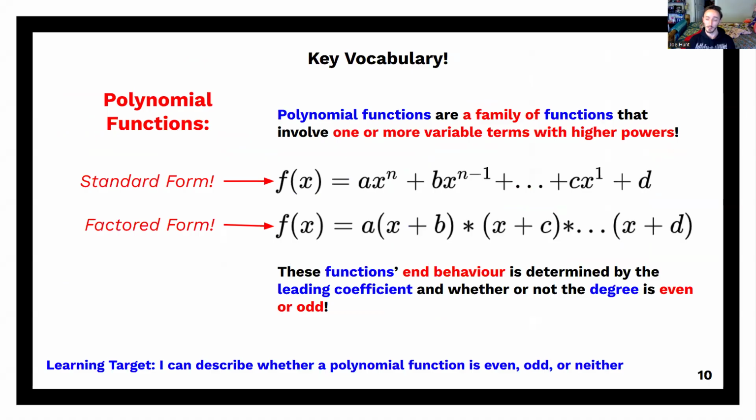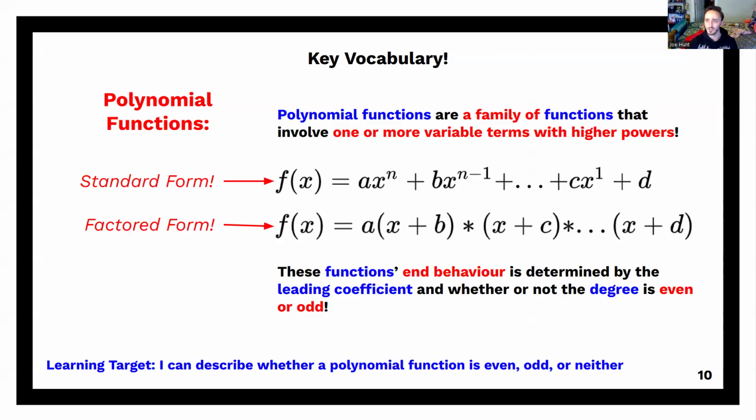This is, I would say, probably the biggest family of functions that we're going to work with in an algebraic context. Essentially it's just a bunch of power terms added or subtracted together to get more and more sophisticated behavior. And our goal today is to try and find solutions or roots or zeros of them.